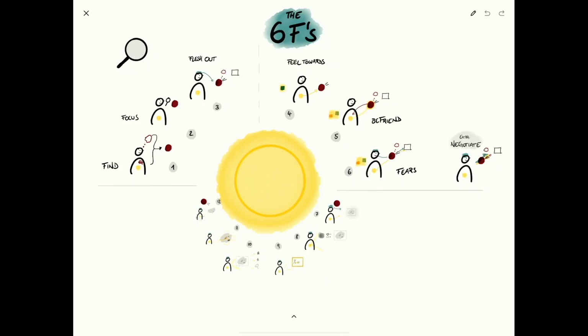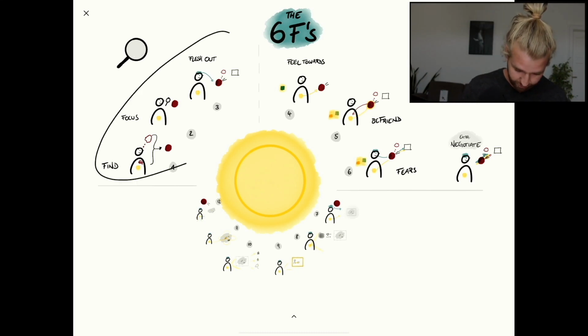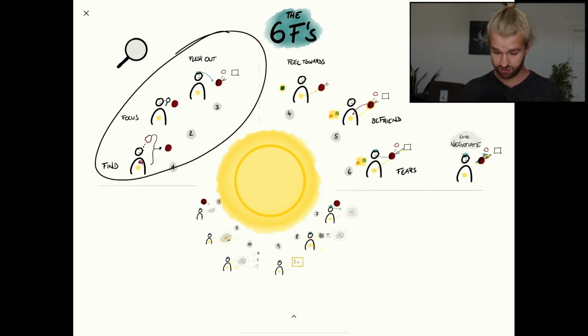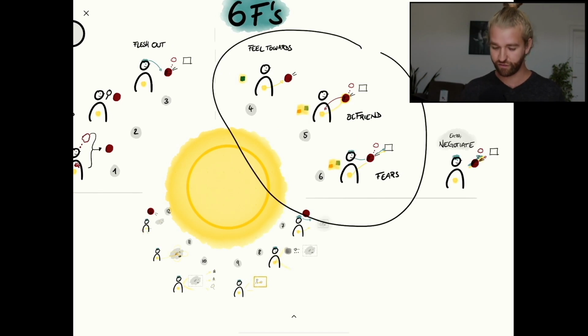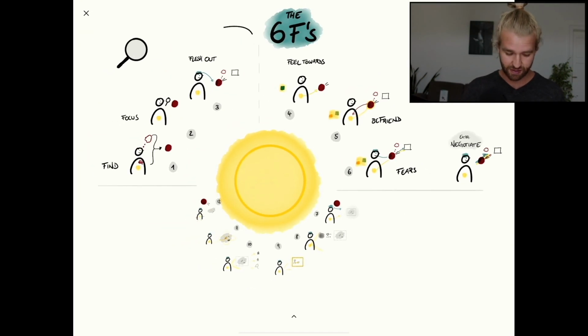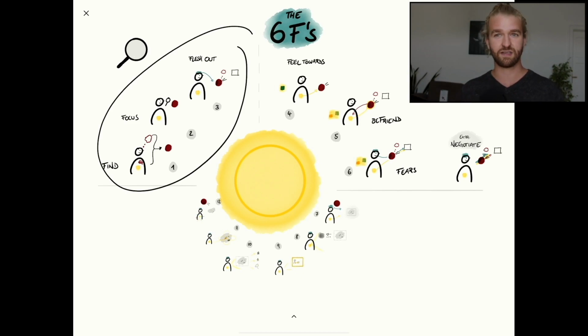Those are the 6 steps of getting to know protectors, and in many books they are loosely separated in different chapters into 2 phases: phase number 1, finding, focusing, and fleshing out, and phase number 2, feeling towards, befriending, and fears. I'm going to present them in these 2 phases as well.